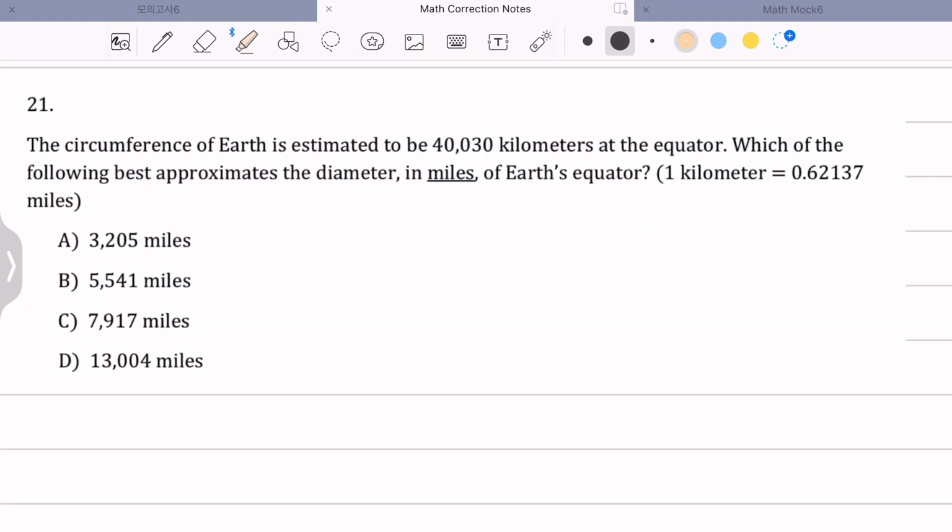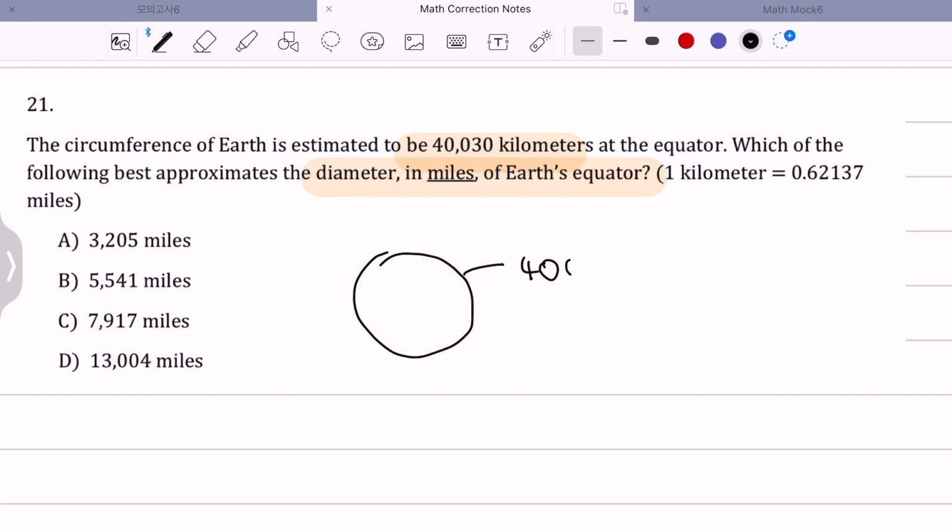Number 21. The circumference of the Earth is estimated to be 40,030 kilometers at the equator. Which of the following best approximates the diameter in miles of the Earth at the equator? So the circumference of the Earth is 40,030 kilometers, and we want to find the approximate value of the diameter of the Earth.